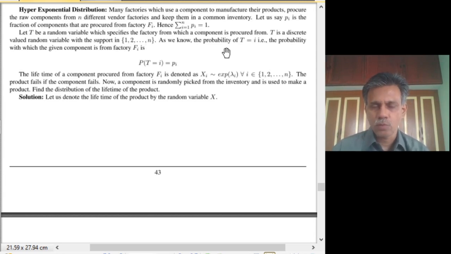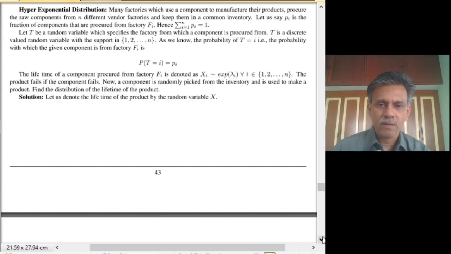And let's assume that we know the proportion of the components being sourced from each factory, and therefore we know the probability that t is equal to i, which we will denote as pi. And naturally sigma i varying from 1 to n, pi is equal to 1. So the lifetime of the component randomly picked from this lot and put to use is what we are interested in. If it were from factory Fi, then it is xi with parameter lambda i.